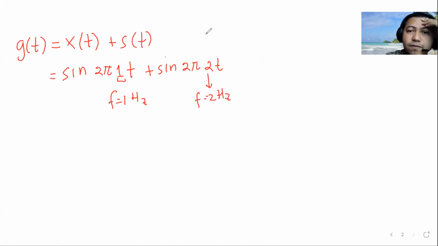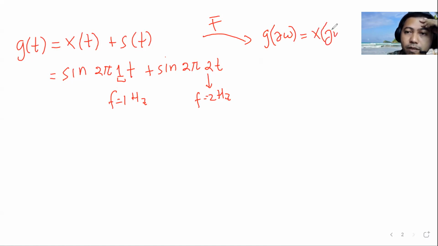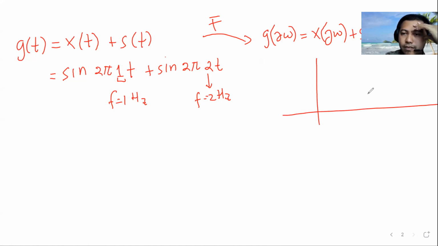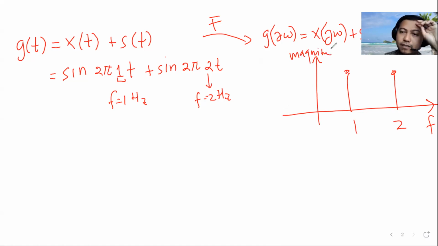When we transform to the frequency domain, G(j omega) equals X(j omega) plus S(j omega). It will look like this, just superposition. This is the frequency domain and this is the magnitude.